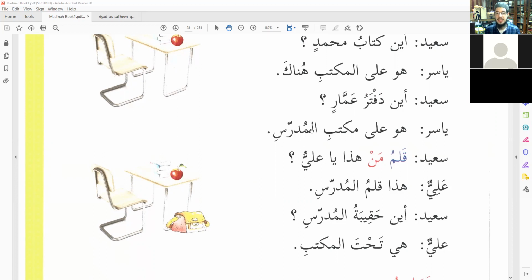Very good. Yes. Only slight thing to tweak is that mudarris is teacher rather than principal, but 100% correct. Okay. Most important thing is you got the possessive construction and the preposition. That's the most important thing. So yes, it is on the teacher's desk.